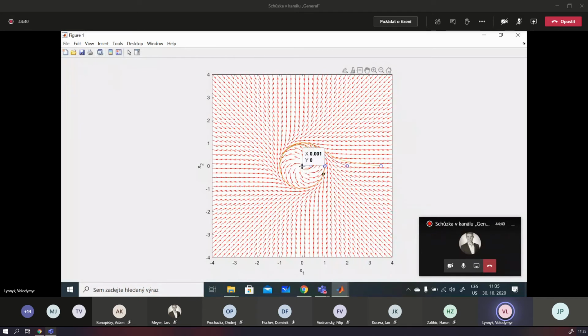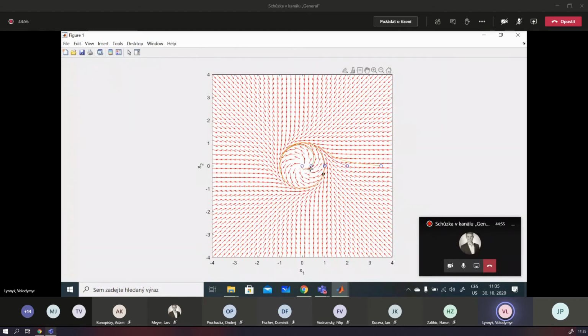For example, we start with x equal to 0.001, and after some time this converges to this limit circle.